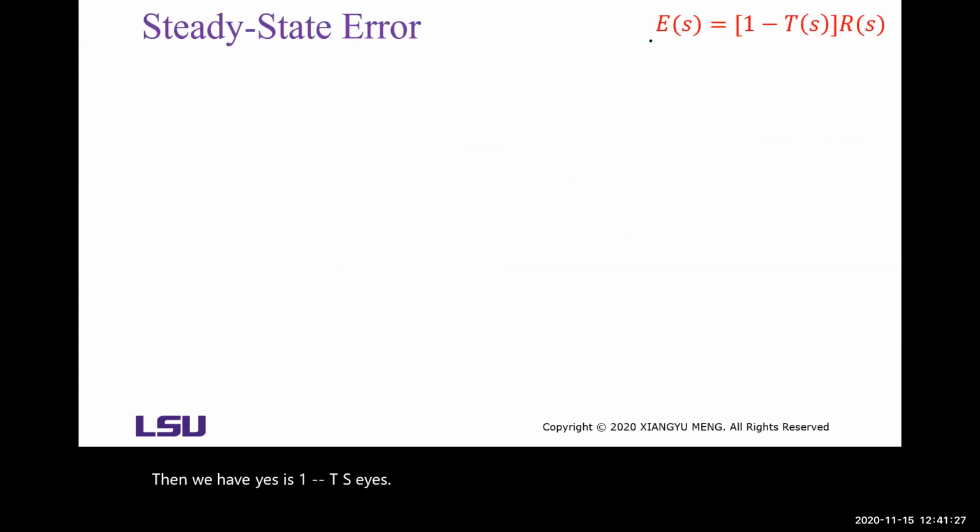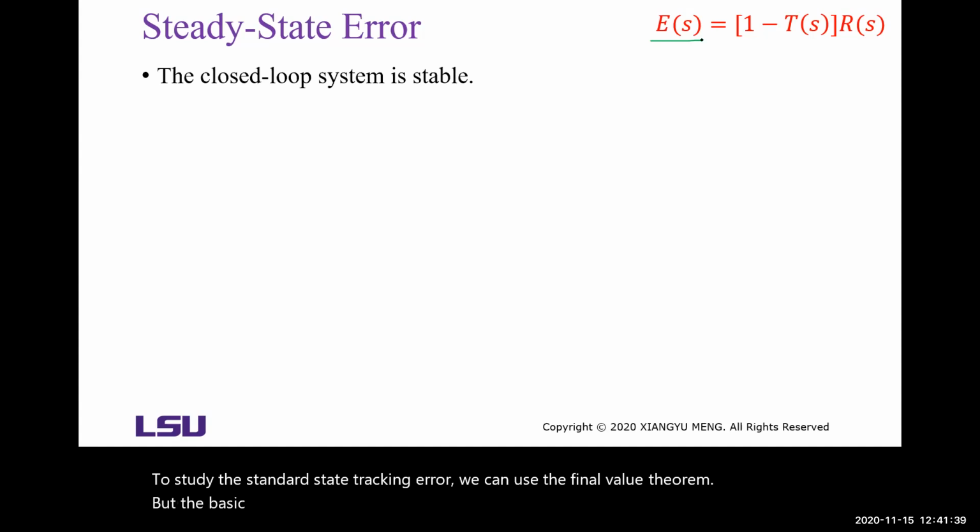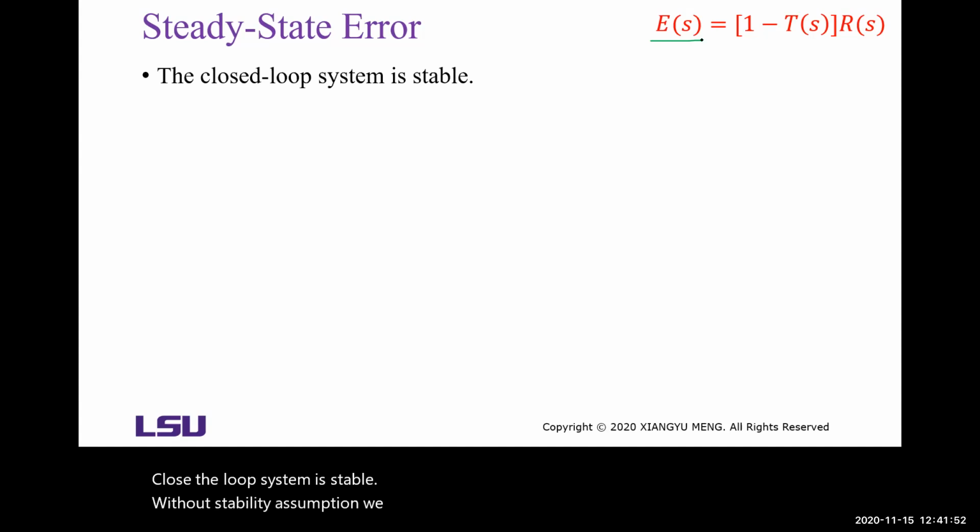To study the steady state tracking error, we can use the final value theorem. But the basic assumption is that the closed loop system is stable. Without the stability assumption, we cannot study any tracking.